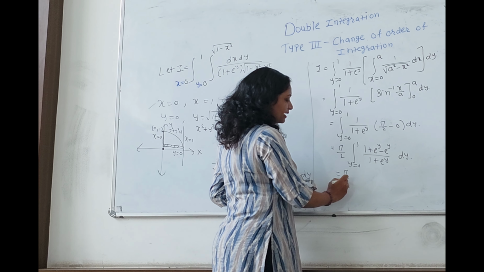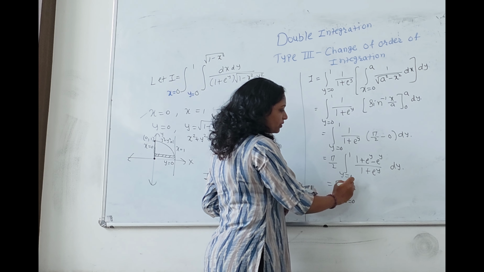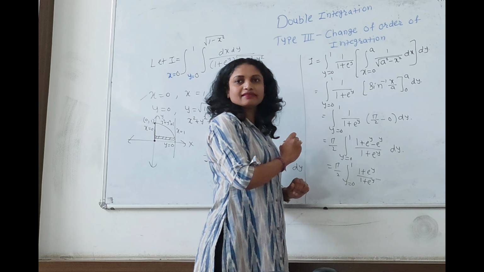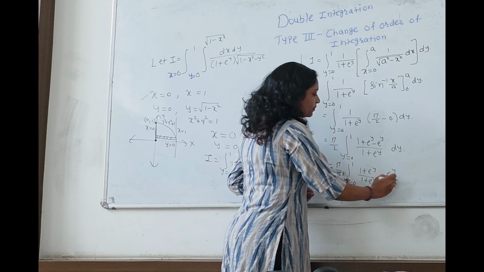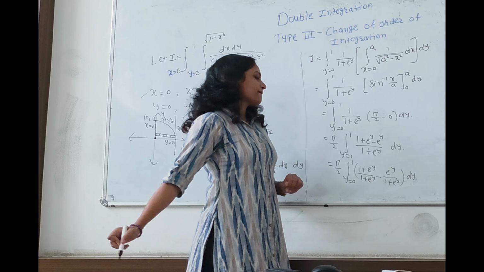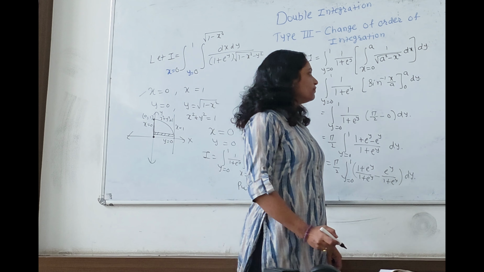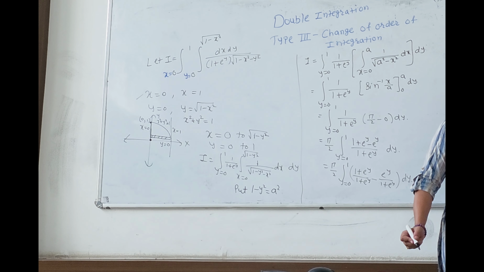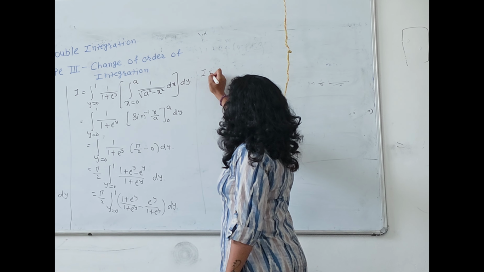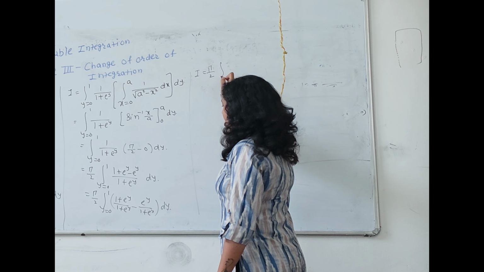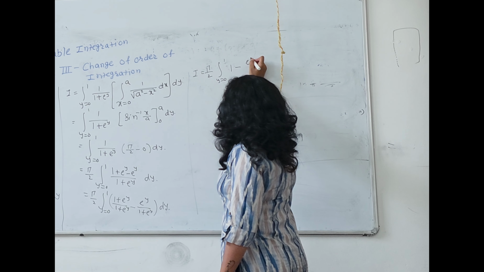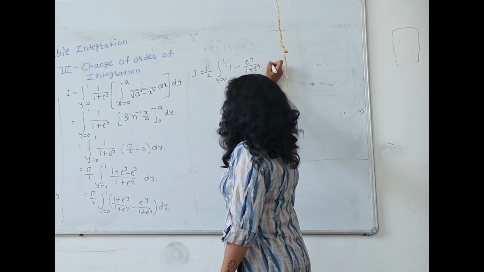So you will have pi by 2, y is equals to 0 to 1, 1 plus e raised to y upon 1 plus e raised to y minus e raised to y upon 1 plus e raised to y dy. So the first term will become 1 plus e raised to y upon 1 plus e raised to y, which will be 1. So I is equals to pi by 2, y equals to 0 to 1, 1 minus e raised to y upon 1 plus e raised to y dy.